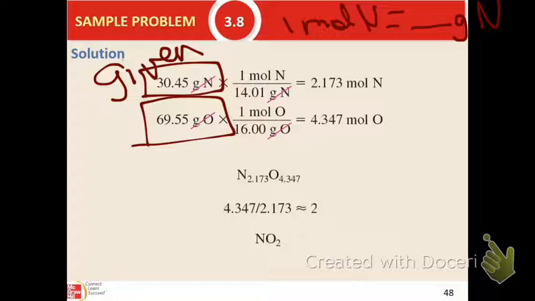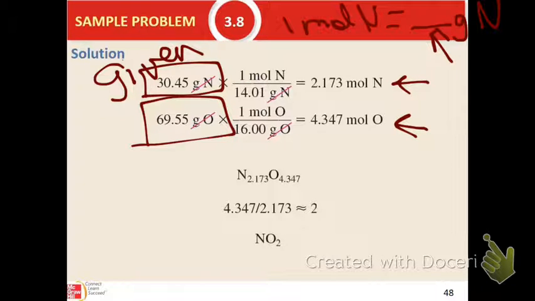Where do I fill in that blank right there? I fill it in from the chart. And if you'll look up on the chart for nitrogen, you're going to see it says 14.01 grams. That's where that 14.01 came from. So this is how many moles of nitrogen you have, and that is how many moles of oxygen you have.